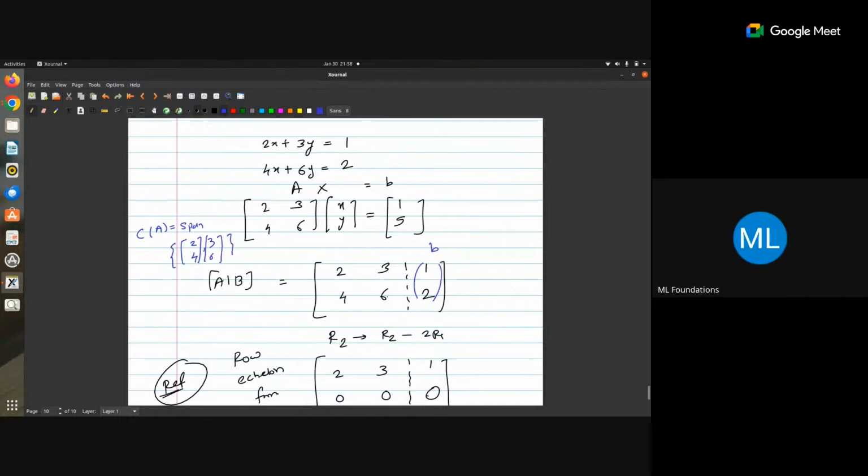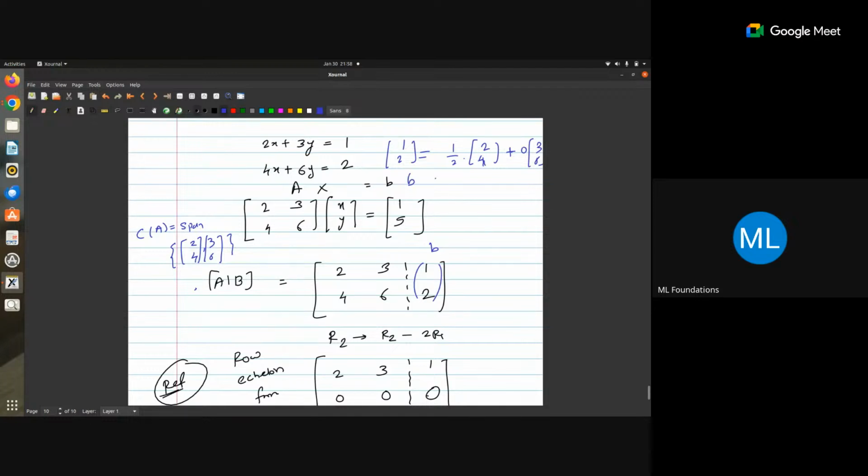Can I represent 1, 2 as a linear combination of these two vectors? Yes: half times 2, 4 plus 0 times 3, 6 should be equal to 1, 2.